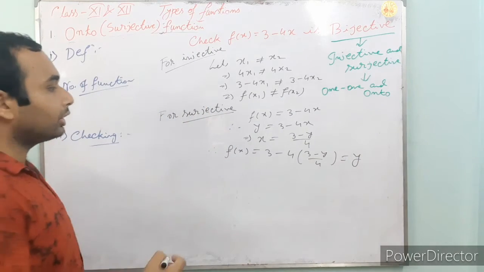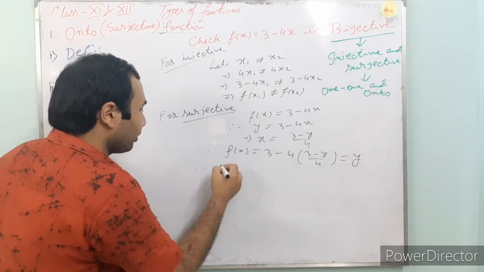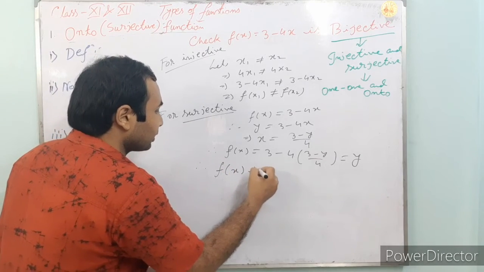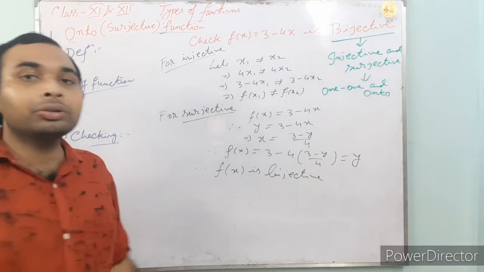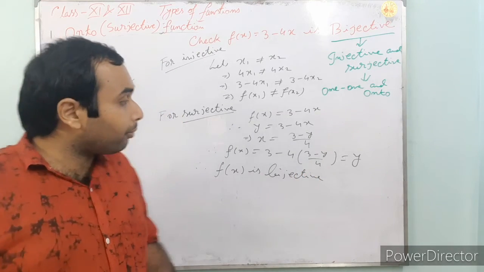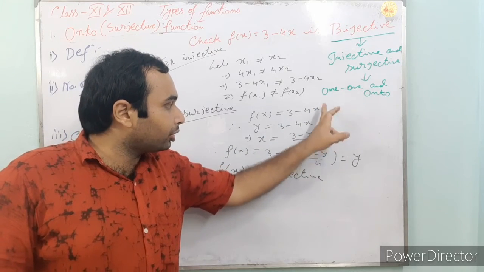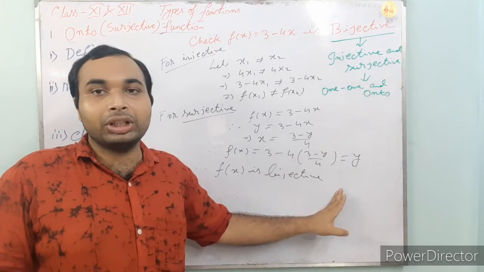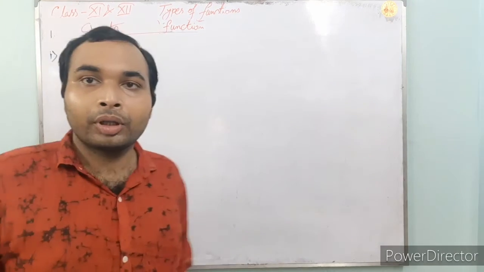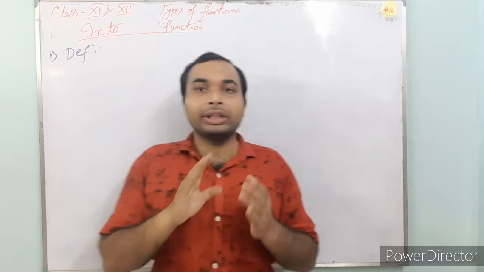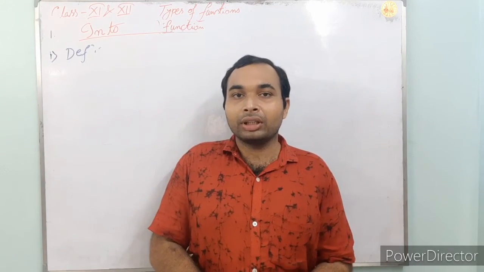So from here we can say the function is surjective. So f(x) is bijective. This is the way to prove this. For bijective, sometimes you will not be able to show this directly, but logically you can say that.